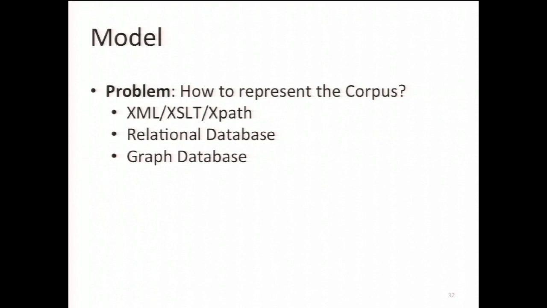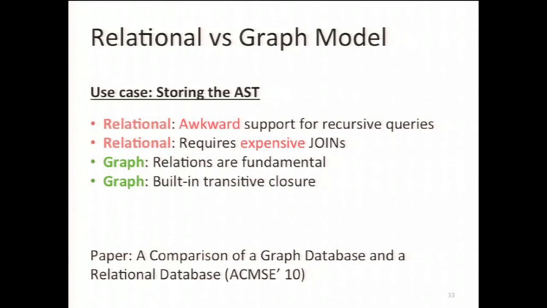So in the end, we considered doing the relational database model, and then we would have to hack our own support for recursive queries, and there would be a lot of joins in that relational database. And it turned out that if we choose a graph-based database, an AST is a graph.